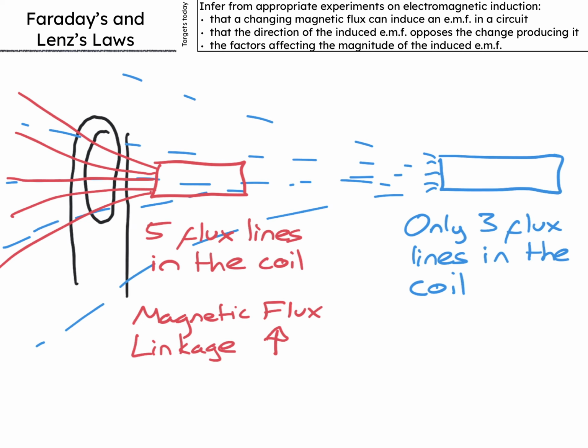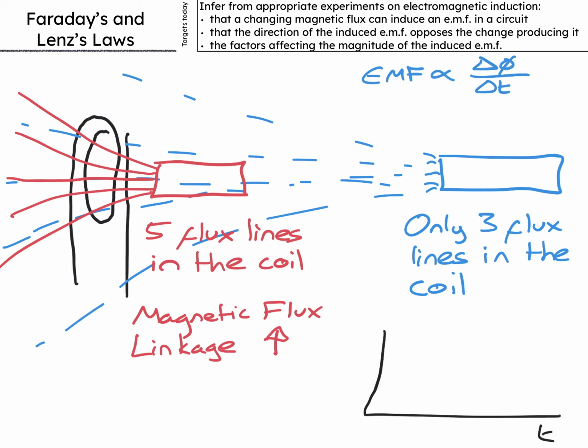If I bring the magnet in quickly, I get a larger EMF because the rate of change of magnetic flux linkage is increased. Plotting a graph of induced EMF against time, bringing in the magnet slowly would look like this, whilst bringing it in quickly would look like this.